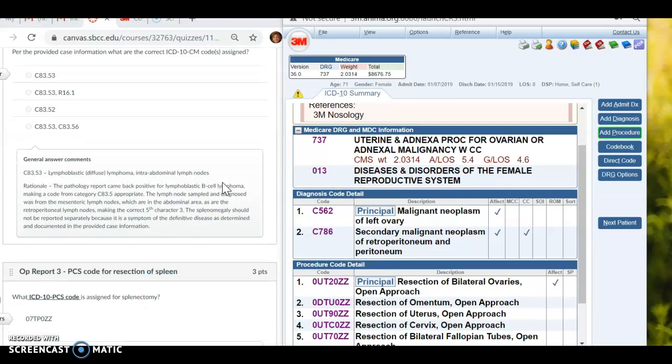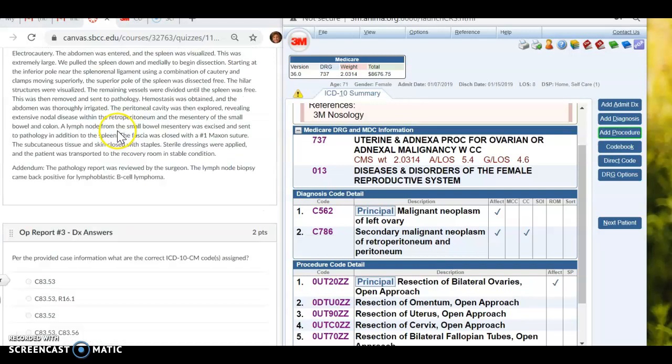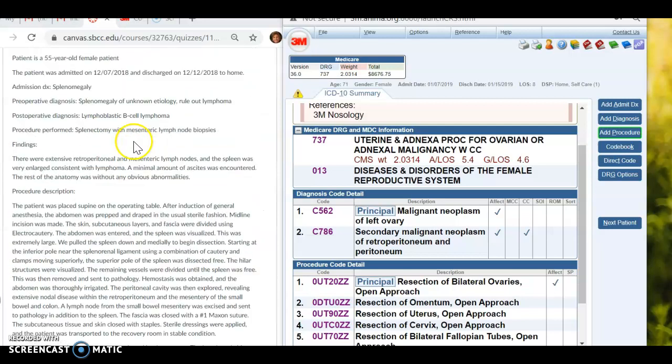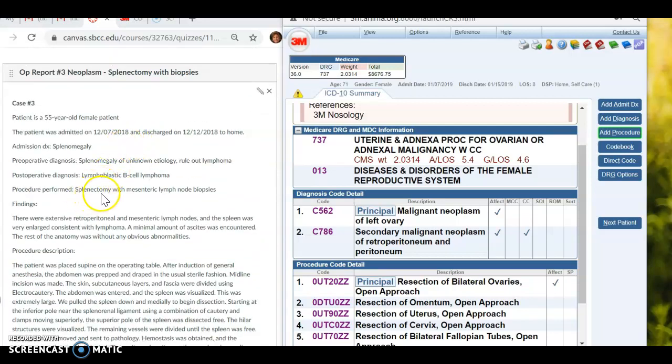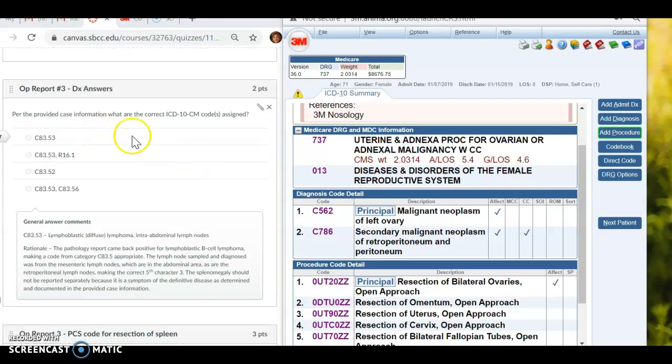So let's go ahead, and the last one here. We have, per case here, this patient had a splenectomy with lymph node biopsies. We have a lymphoblastic B-cell lymphoma. That is what we are going to go with our first diagnosis.